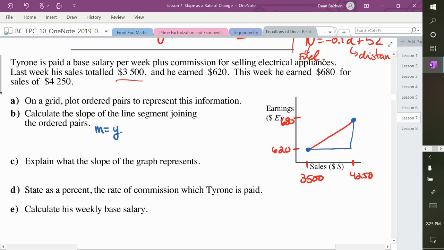m is going to be y2 minus y1 over x2 minus x1. So if I call this set 2 and this set 1, my y2 will be 680. My y1 is 620.